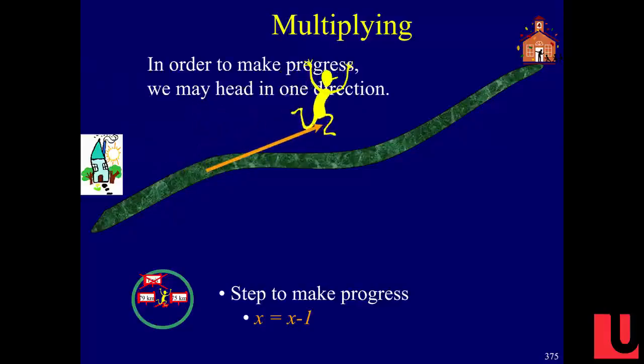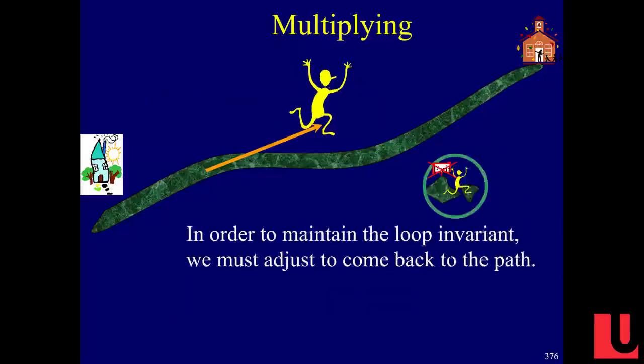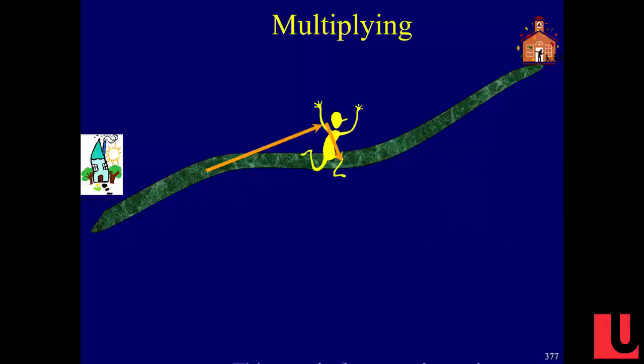That was great, but we fell off the path. Now it's more clear what we want to do. We keep x fixed because that was our measure of progress. We don't want to backtrack. And now change everything else to get us back on the path. Everybody good with this?